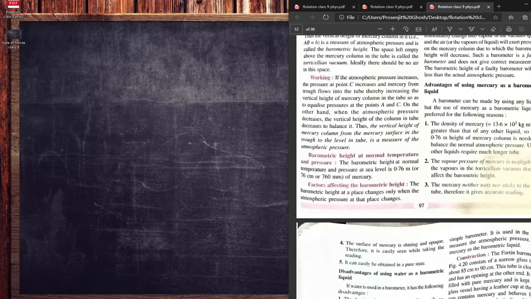We use mercury in the barometer because, first of all, it is non-sticky to the glass tube. If it stuck to the glass tube, it would be very difficult for us to determine the exact value of the mercury level. But as it is not going to stick, we can clearly find the value of the mercury level.